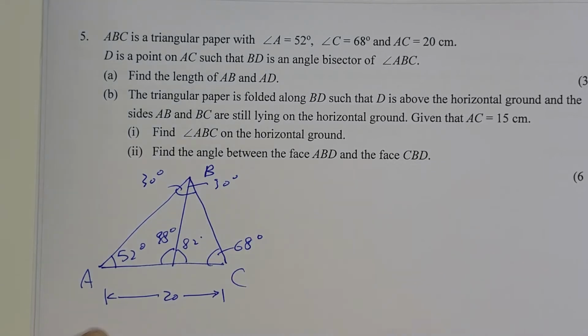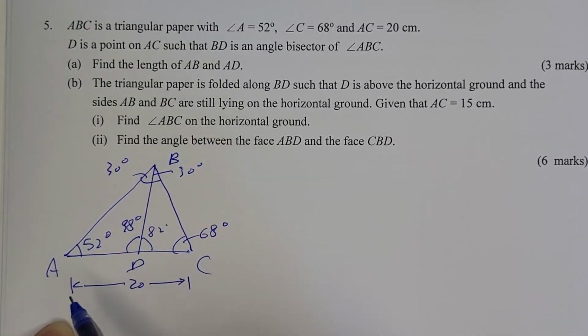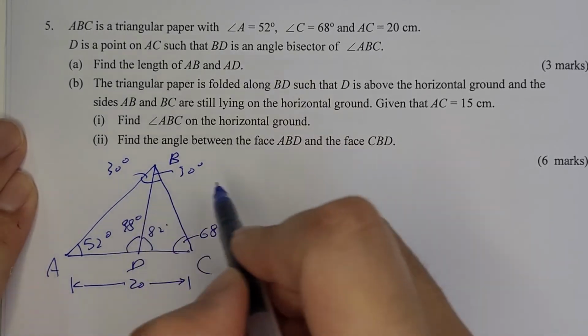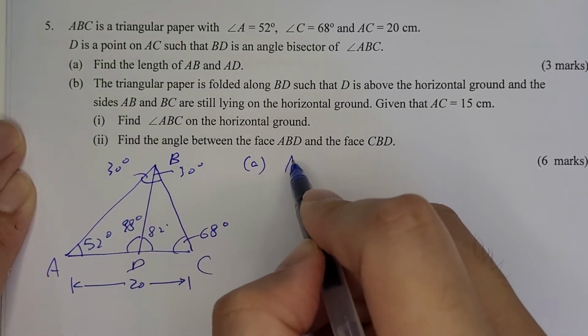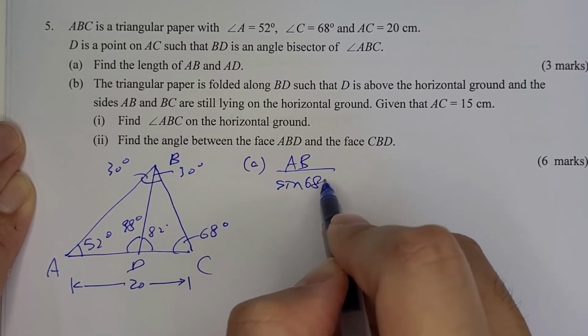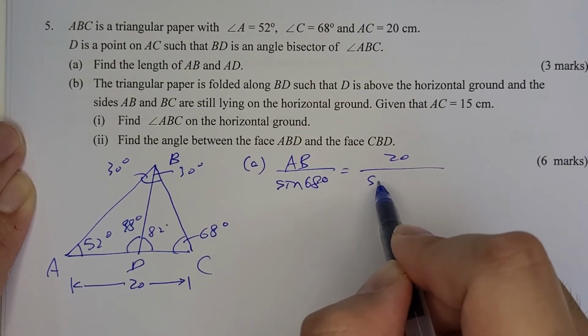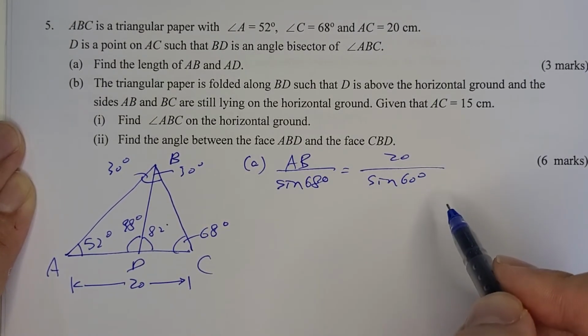Part A, you need to find the length of AB and AD. So, in the big triangle ABC, you can find AB. AB over sine 68 degrees equals 20 over sine 60 degrees.